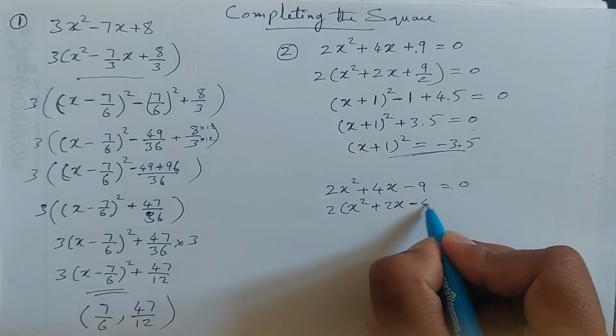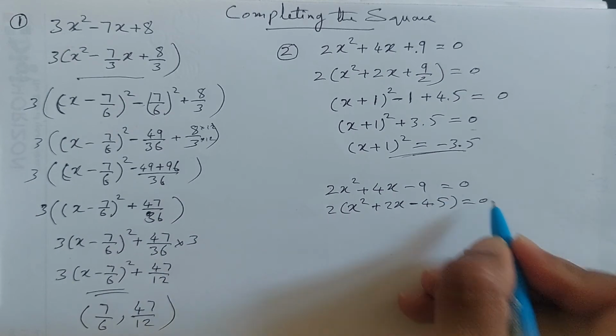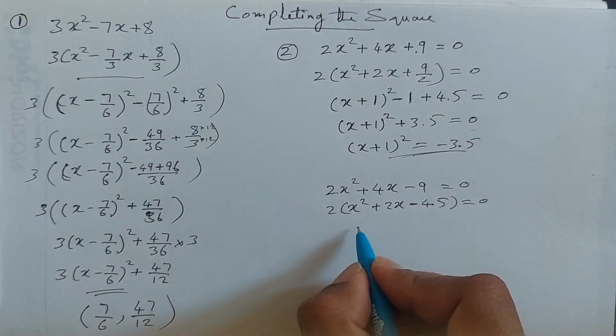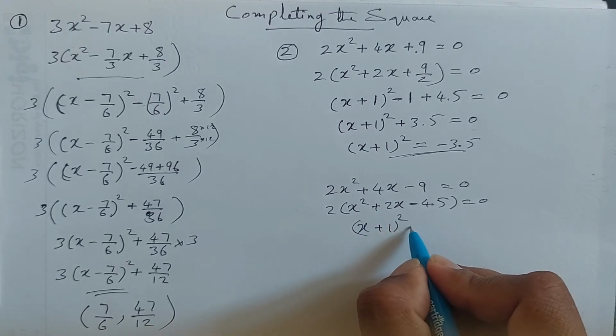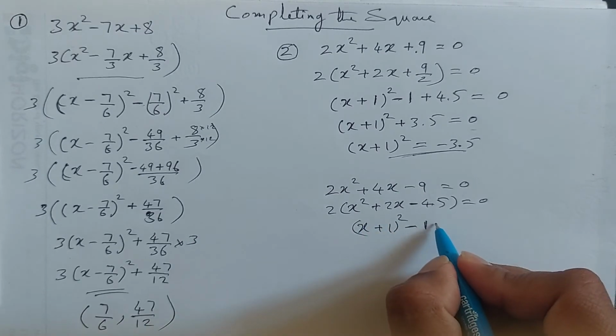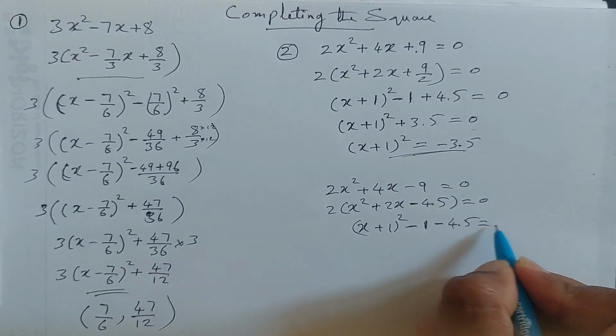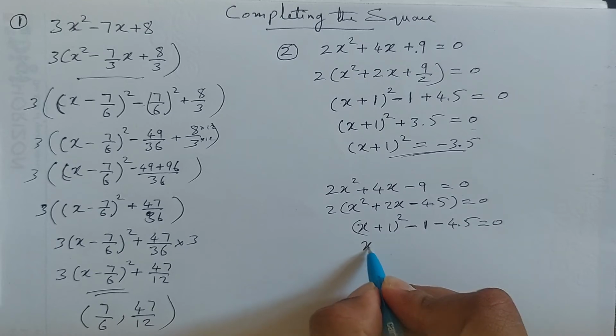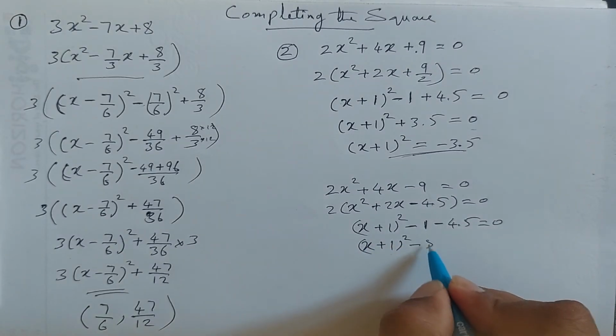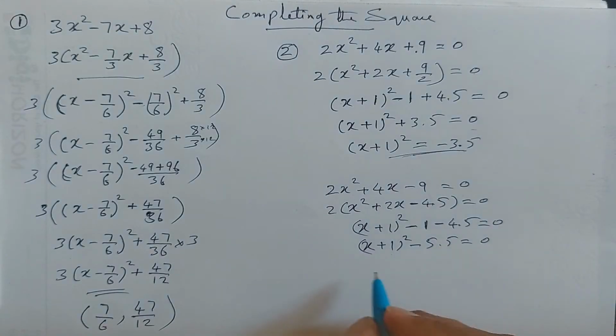this equals 0, that's gone. So x plus 1 whole square minus 1 minus 4.5 equals 0. So that's it. 5.5 equals 0.